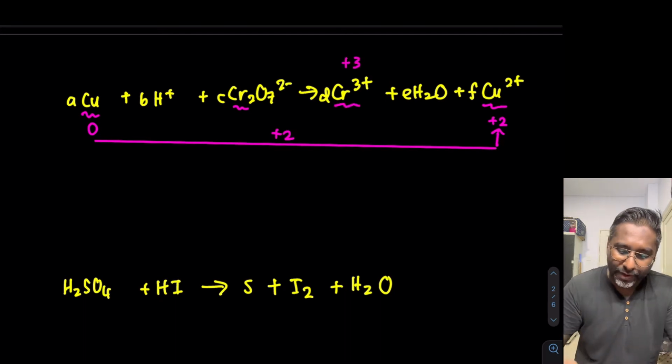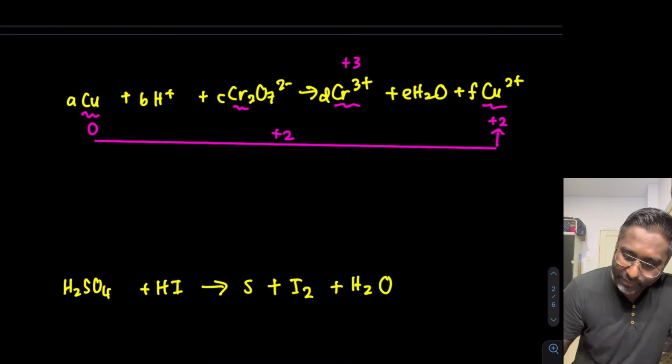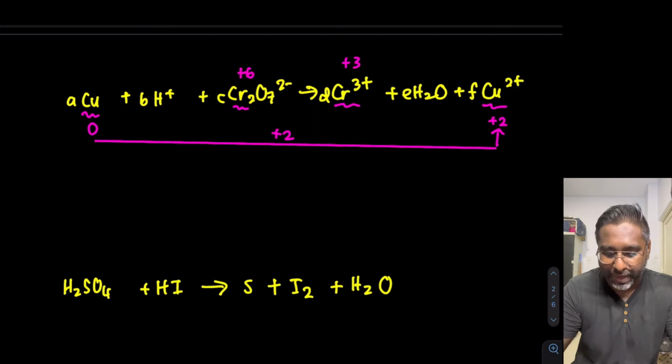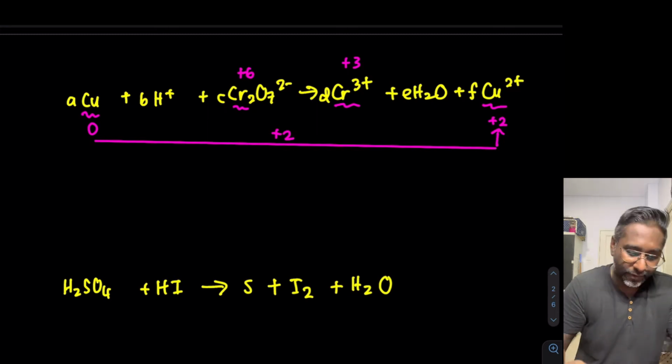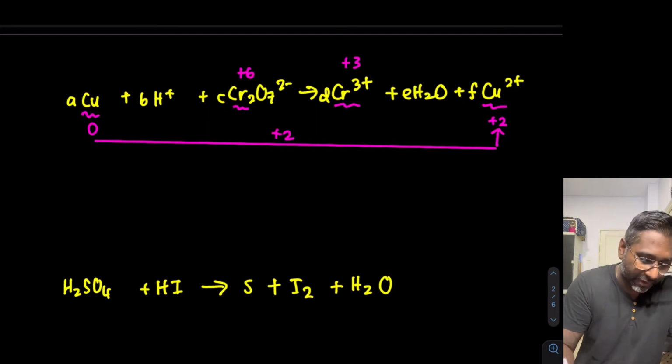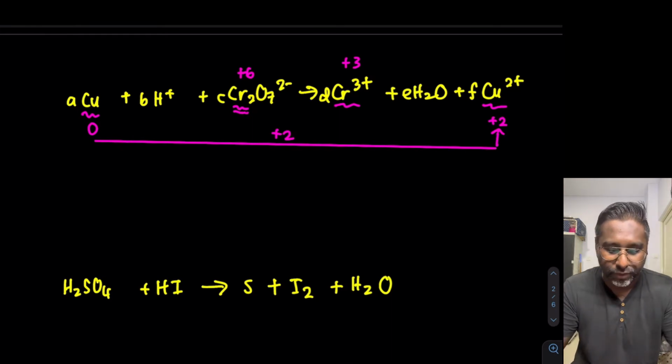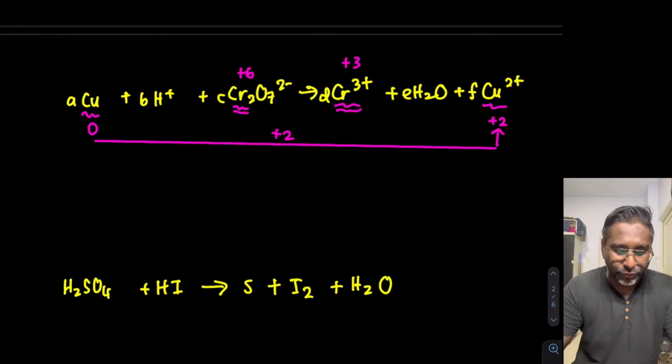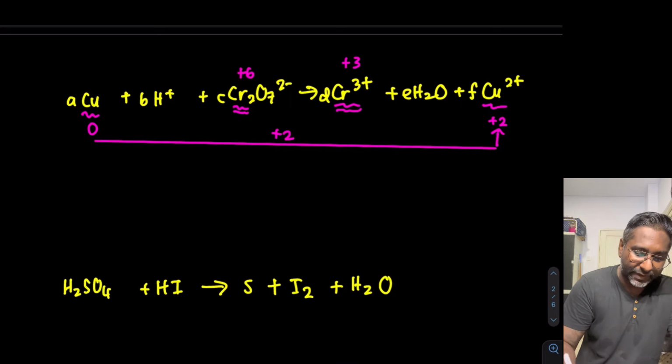But when we deal with this, generally we just follow, we say this is plus 3, and this one is potassium dichromate. If you calculate, you will get plus 6 for Cr. But do remember, we are dealing with Cr2.